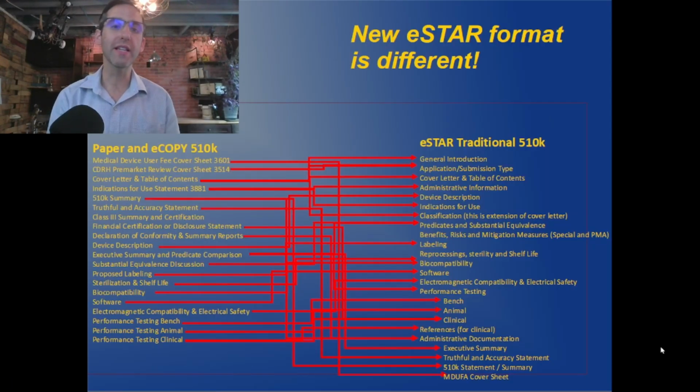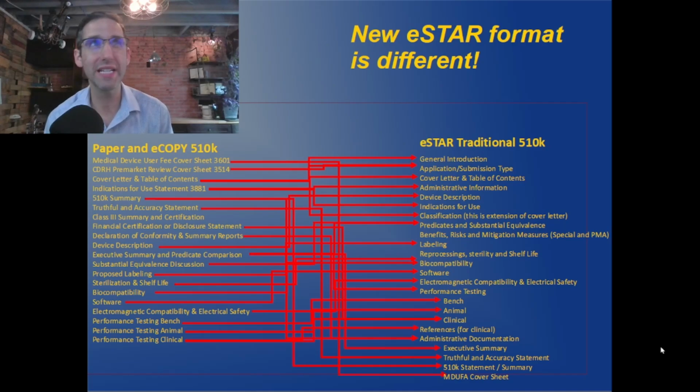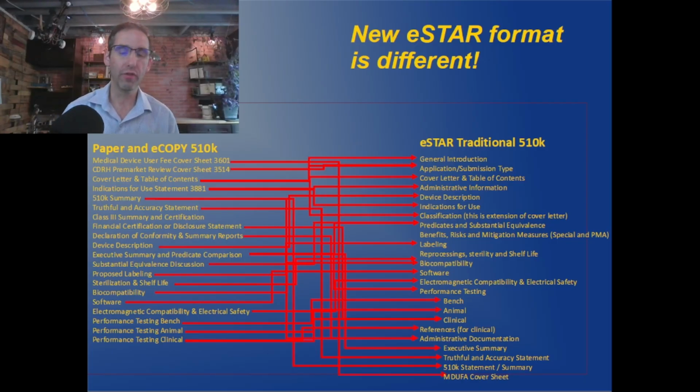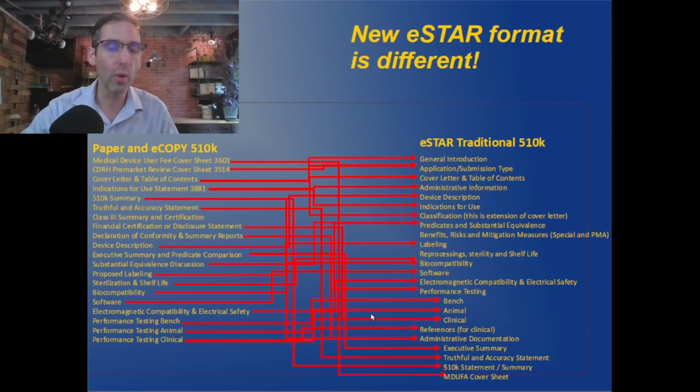Now, this is different. If you're an old timer like me, I started writing 510Ks back in about 2009, 2010, around there. Got my first one through in 2011. The format was everything. You can see here, this is a little small, and this slide is supposed to be confusing on purpose, because I'm trying to show you how different the eSTAR is from the traditional way.